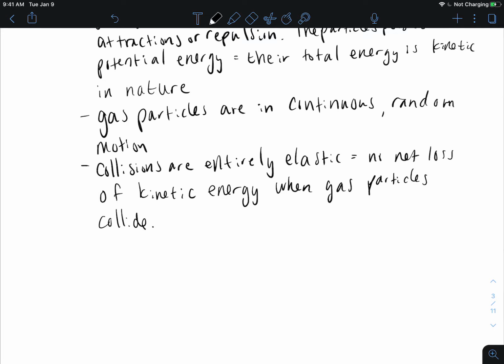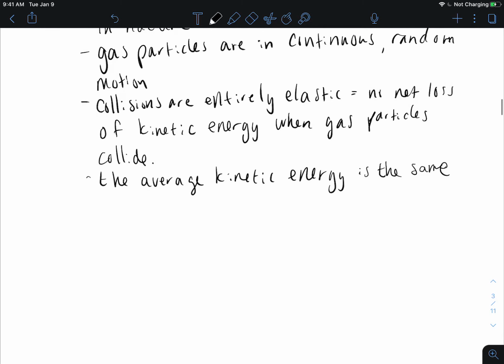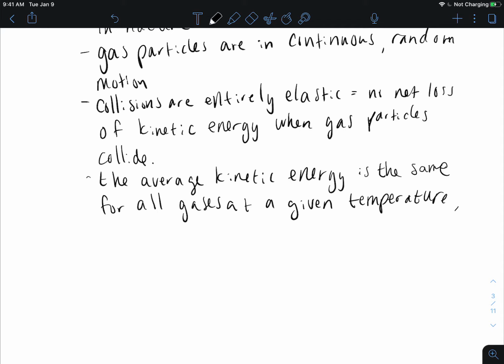And the average kinetic energy is going to be the same for all gases at a given temperature, regardless of the identity of the gas.